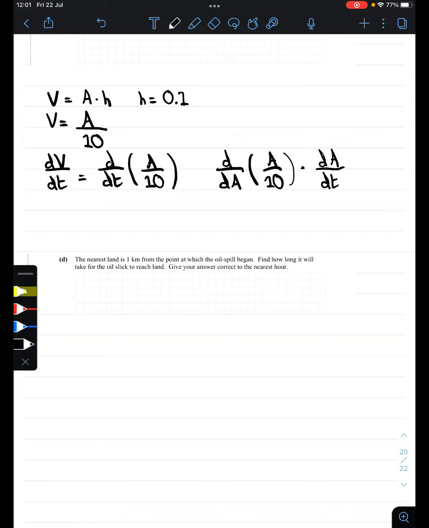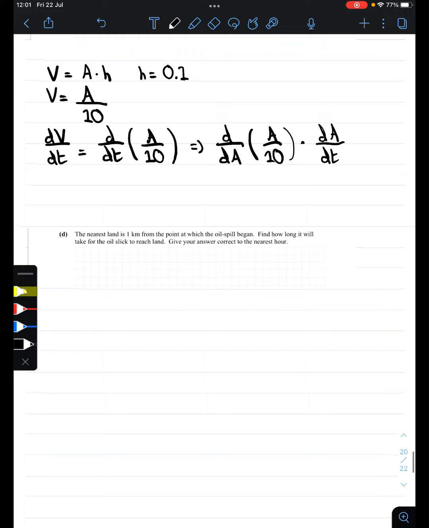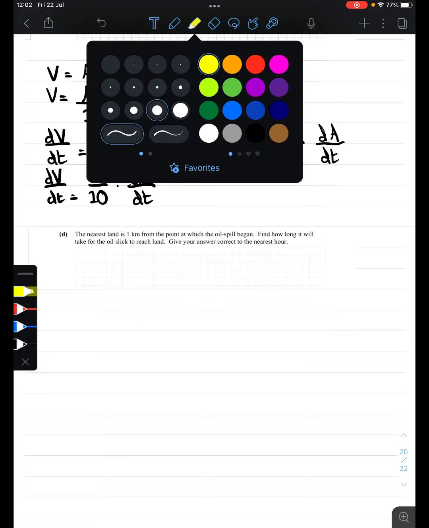This is just the chain rule. The derivative with respect to A of A over 10 is just 1 over 10, very simple. So we get dV/dt equals 1 over 10 times dA/dt.